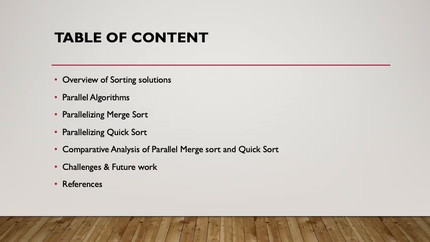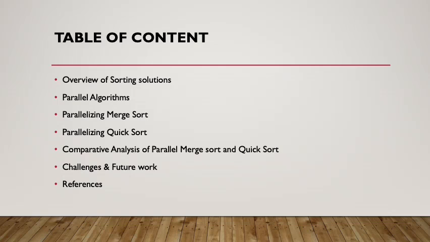For example, insertion sort, which has a best case time complexity of big O of n, seems to perform better than merge sort, but when it comes to average case and worst case, its time complexity is drastically reduced, leading up to big O of n square, while merge sort and quick sort perform better in this case, merge sort being big O of n log n and quick sort also giving a big O of n log n for average case. But these are sequential sort algorithms.